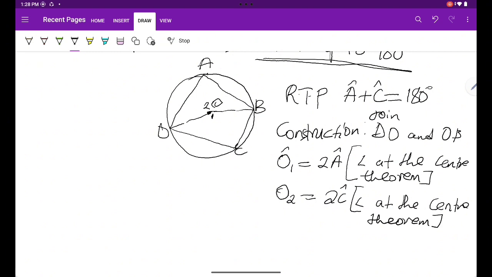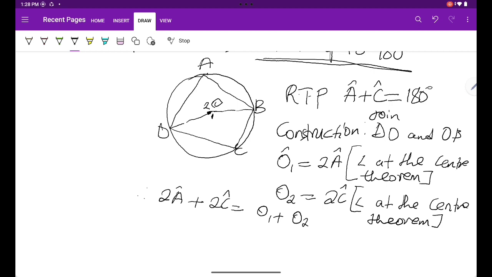Right, now we can conclude from this that therefore twice angle A plus twice angle C is the same as O1 plus O2.